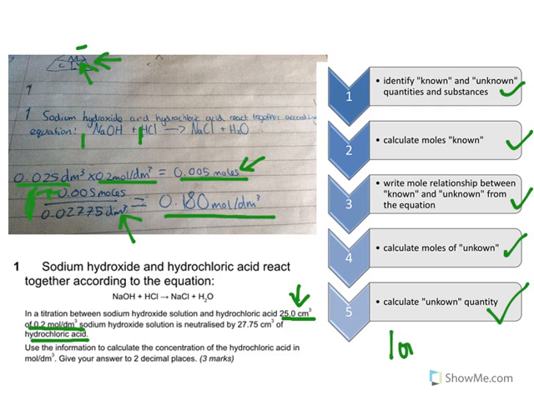So the point I'm trying to make here, this is the long method, which will take you through virtually any chemical calculation. Here, you've done it in a shortened way, which is fine, which shows understanding. My only point I would caution you is you need to make sure this will work.